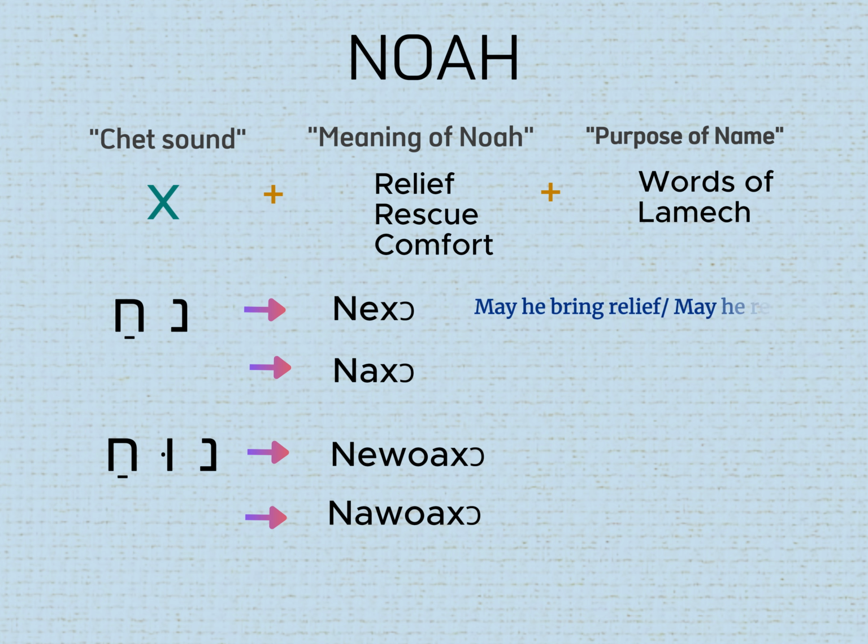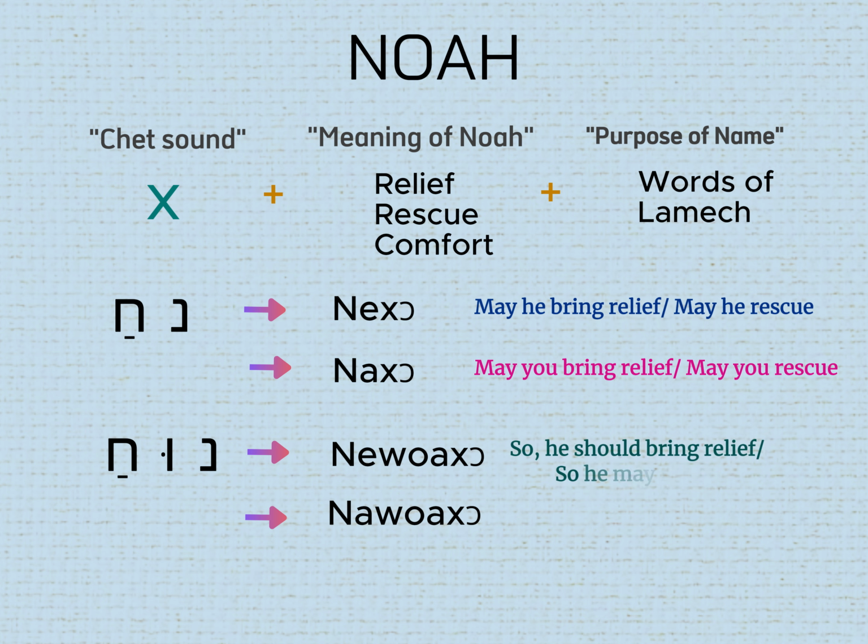Neho means may he, that is third person singular, bring relief and comfort. In other words, may he rescue. Naho means may you, that is second person singular, bring relief and comfort, or may you rescue.